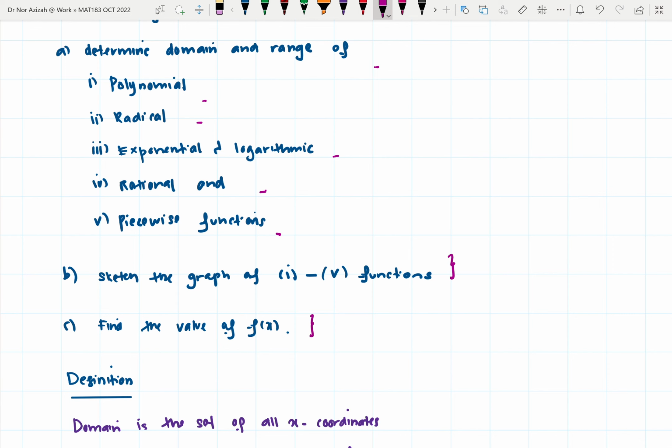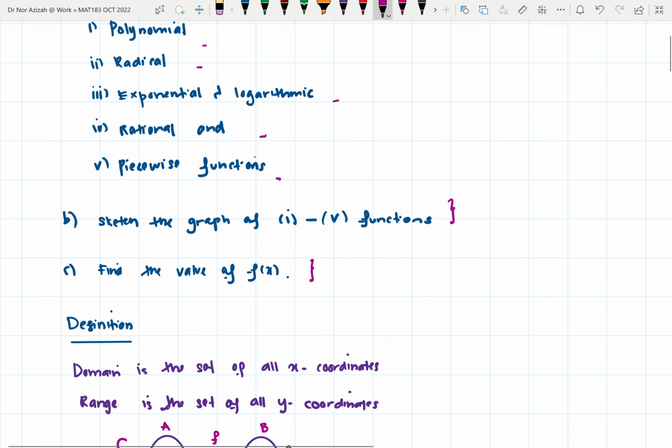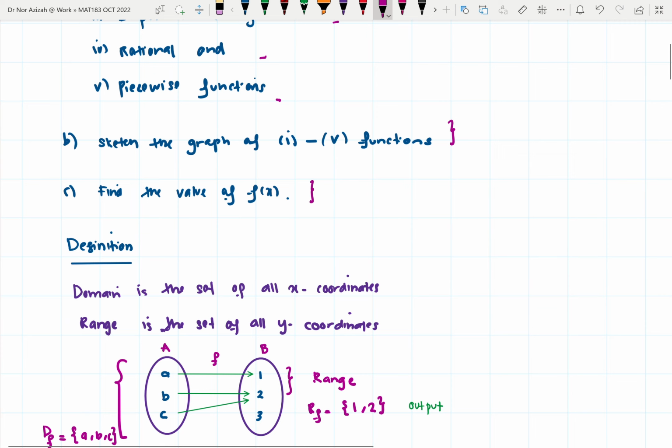Okay, so next look at the definition of domain and range. Basically, domain is the set of all x coordinates or x values on the graph.